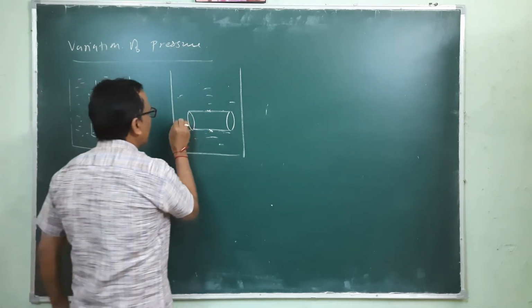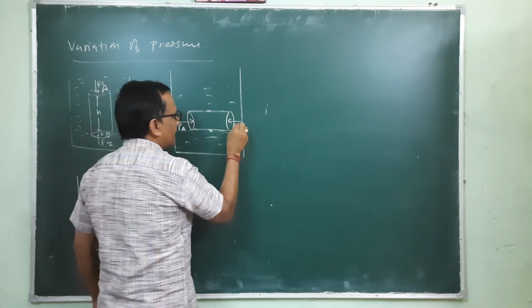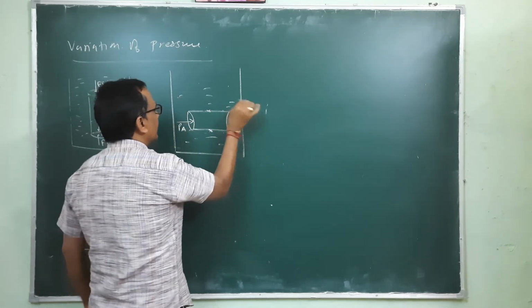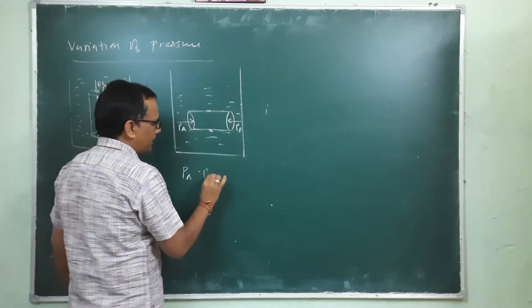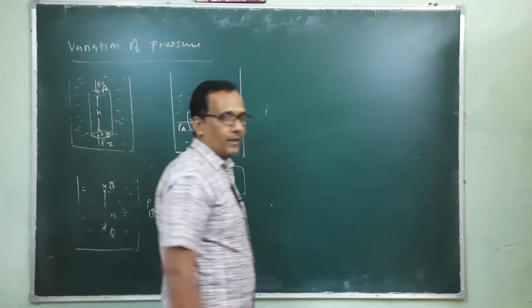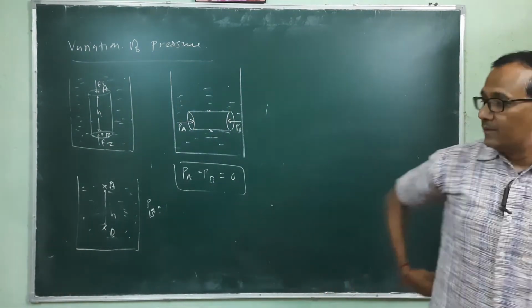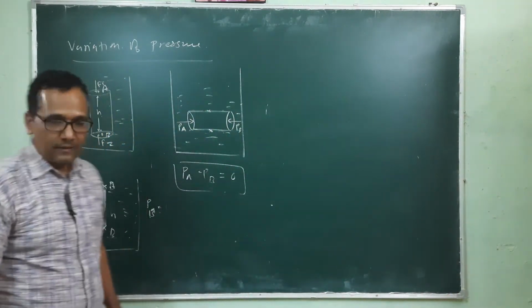But if we want to calculate the pressure somewhere here, this is PA and this is PB, then PA minus PB is actually equal to 0. There is no pressure difference at the same level inside any liquid column.